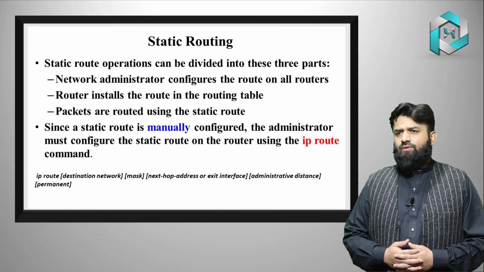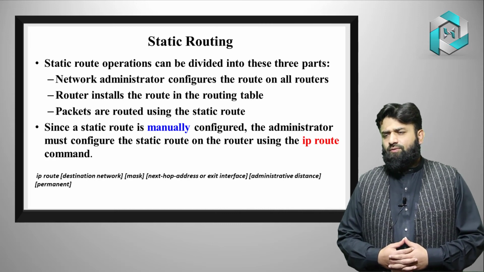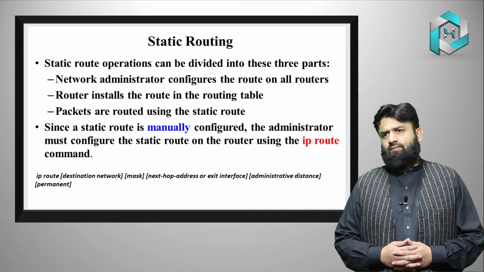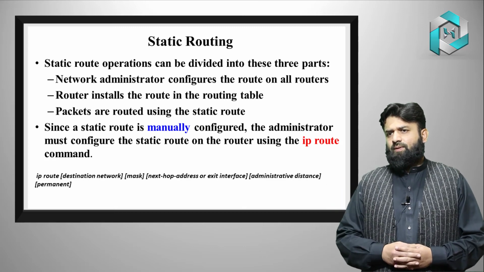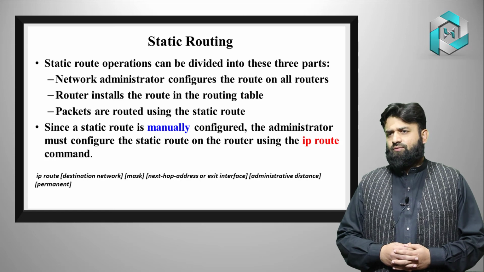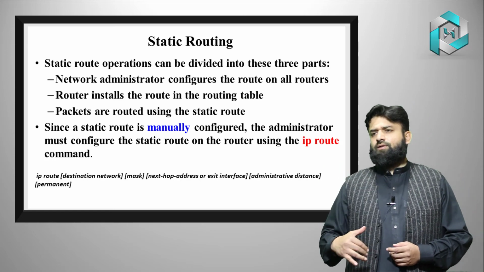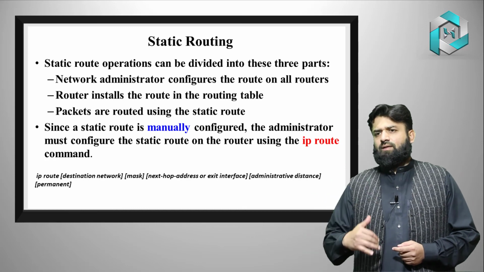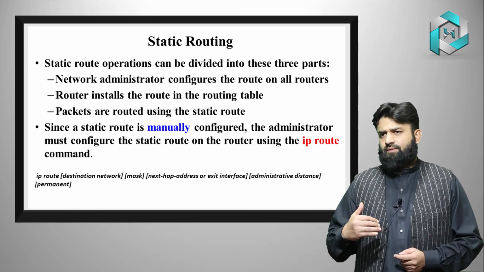So the static route is actually manually entered into the router by the administrator. And as I told you, packets are routed using the static route. So the route which is entered into the routing table by the network administrator is called a static route.